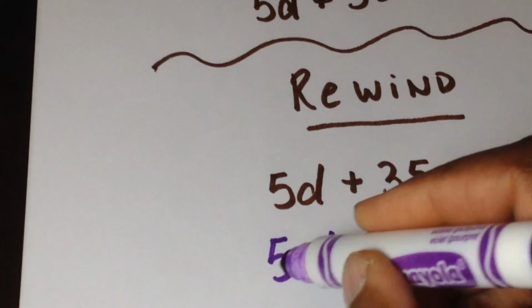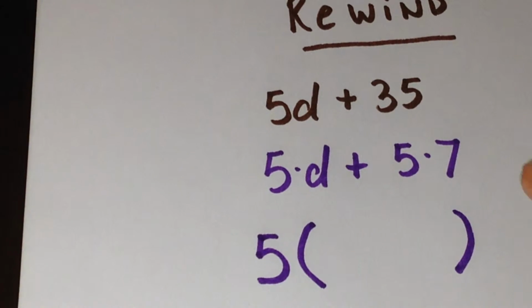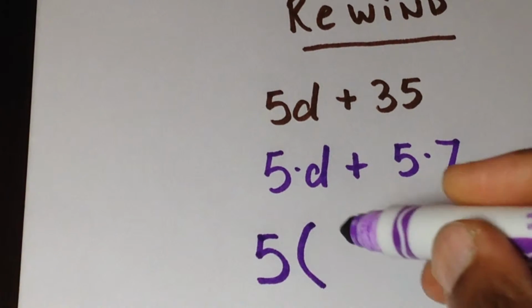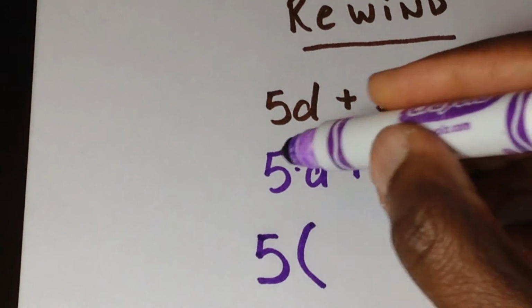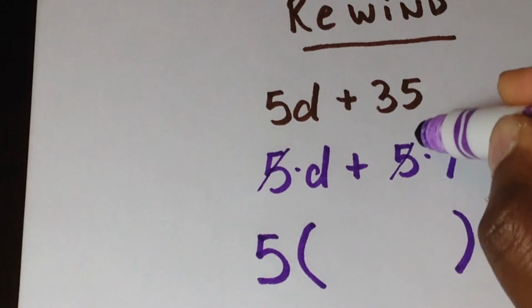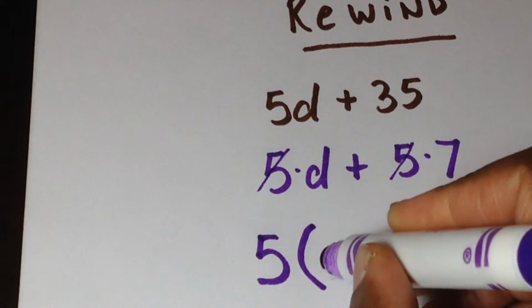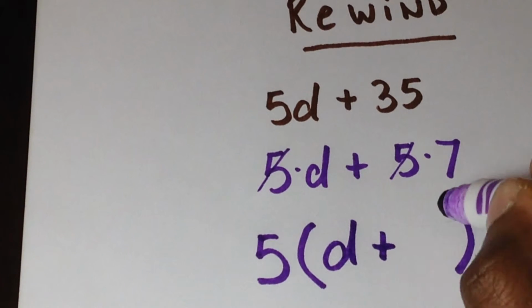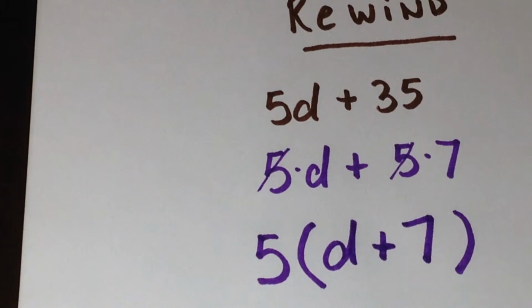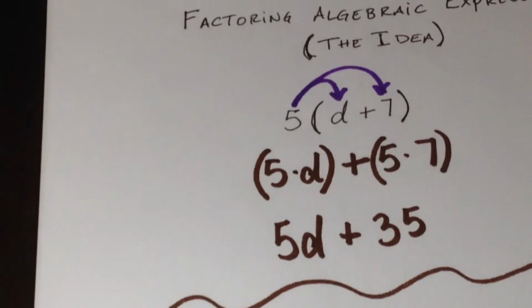So if I take out the 5, I'll put the 5 here, I put the parentheses, I'm taking out the 5, because now it's going to be outside here, and I have d plus 7. Okay, so that's pretty much the idea in terms of how we're factoring.